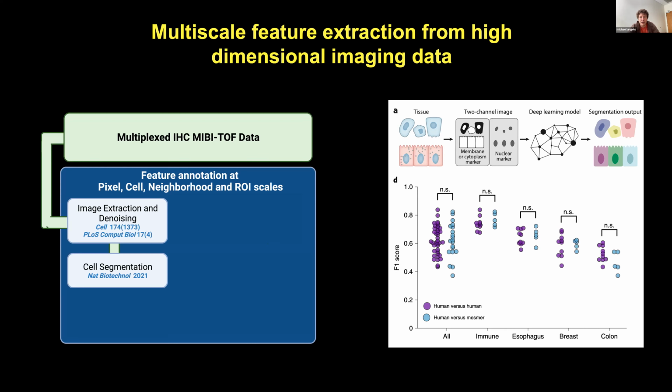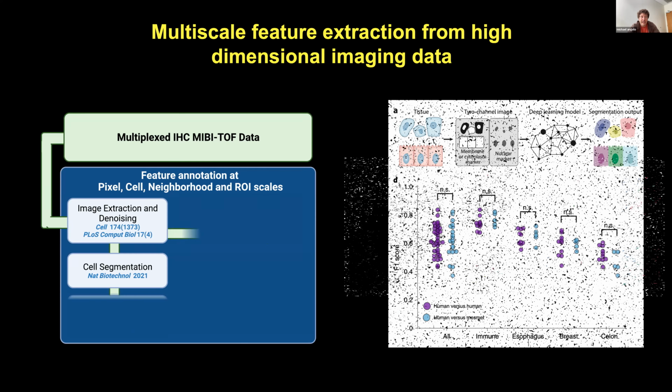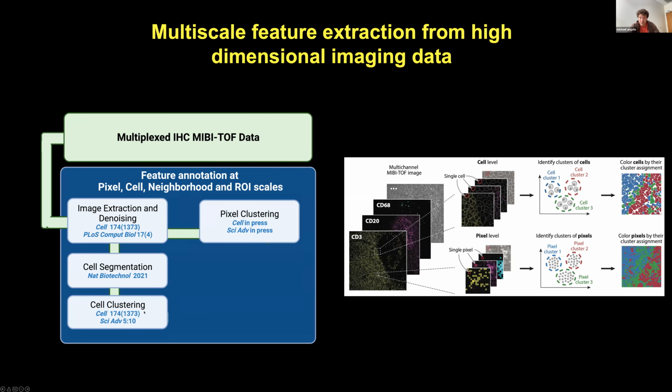Once we've done that, we can start treating these data at the cell level, and we can do things like cell clustering. If you've ever dealt with single cell RNA-seq data or flow cytometry data, most of the methods used there are very similar to the ones we use here.